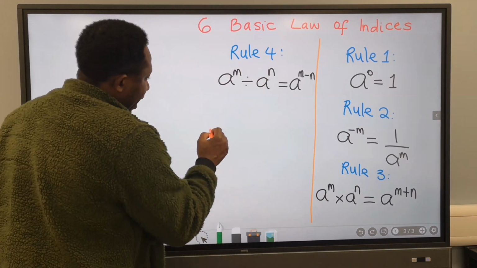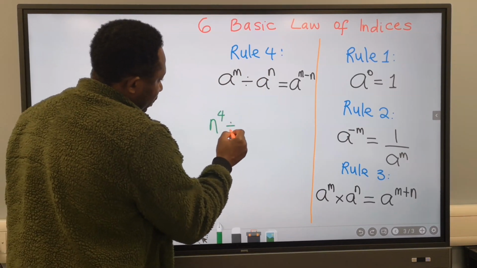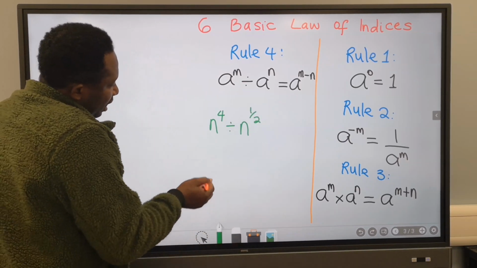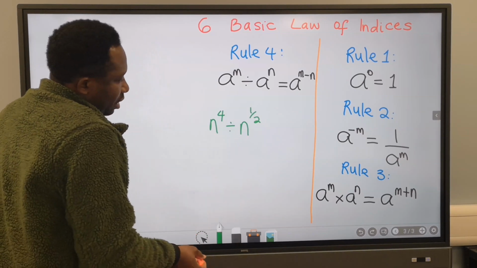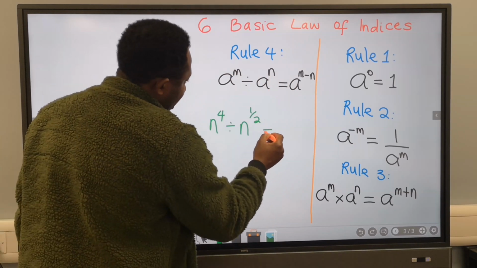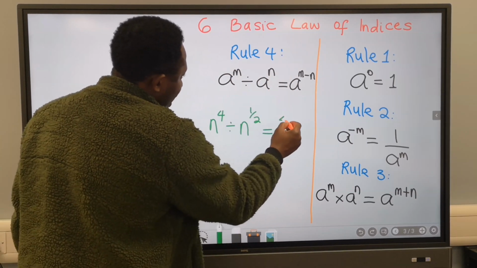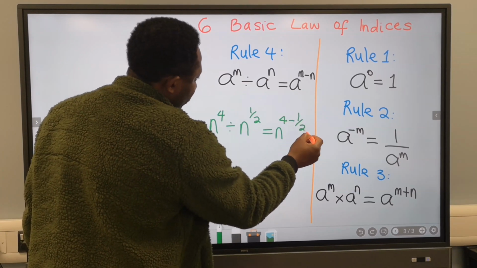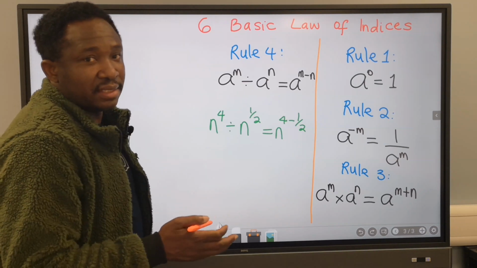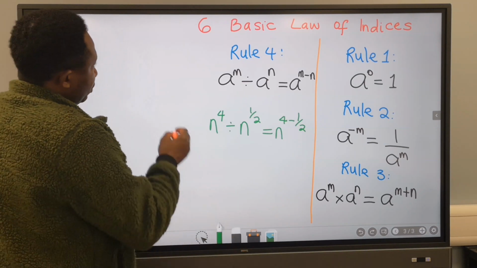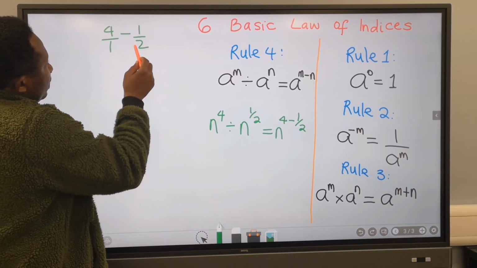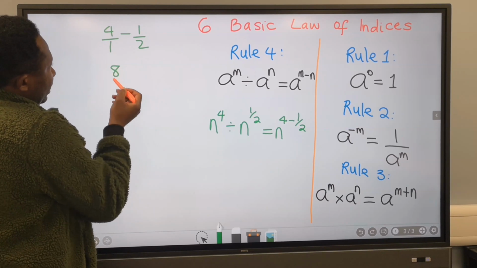Also, if we have n to the power of 4, dividing n to the power of 1 over 2. As long as this is n and this is n, we're going to apply the fourth rule, which states that n is common. We're going to have 4 minus 1 over 2. And from basic mathematics and from subtraction of fractions, if I have 4 over 1 minus 1 over 2, this will multiply this, I will have 8.